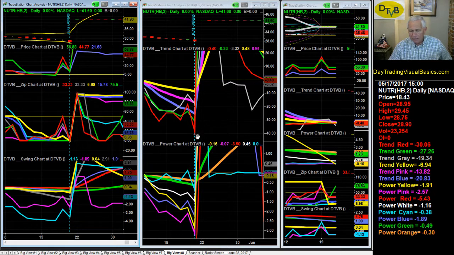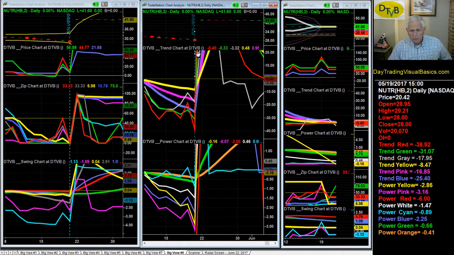Basically what you have here on this vertical line day is trend gray has down touched the pink line, and both green and red are down touch underneath the blue line. So it's a key down touch signal, and that oftentimes is what triggers your understanding.